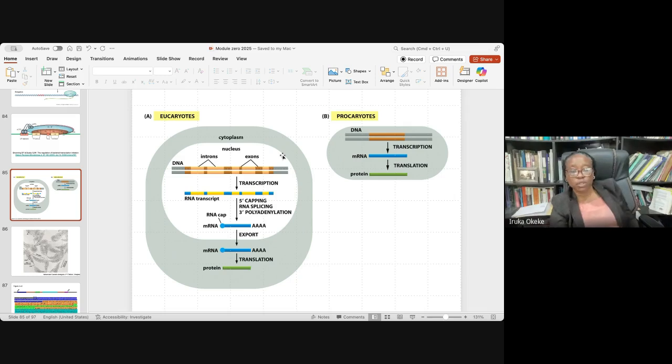In the eukaryote, the DNA is in the nucleus. It is transcribed in the nucleus. When it's transcribed, the introns shown here in yellow are removed through splicing, and then the exons are joined together. Then a poly A tail is added, and a cap is also added. These help to orient the molecule.